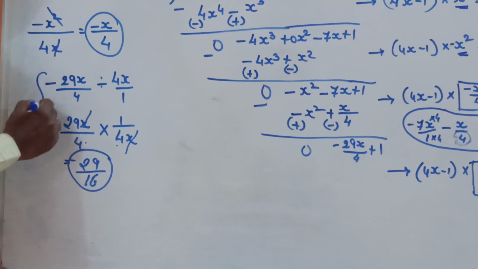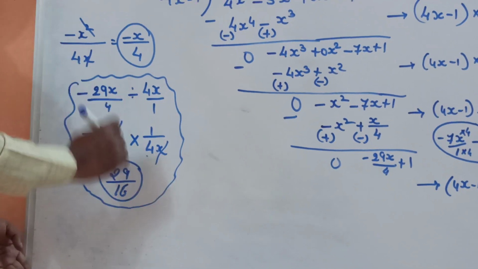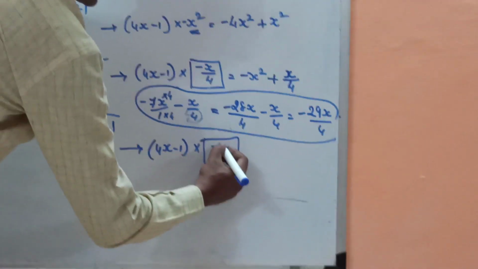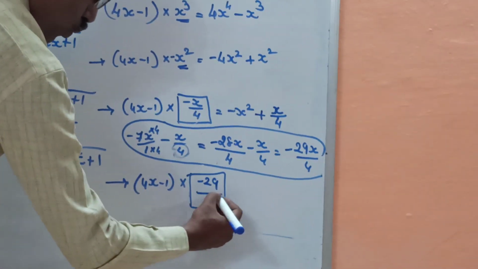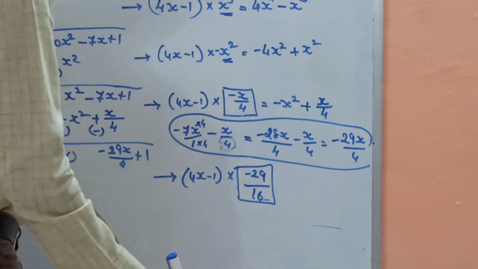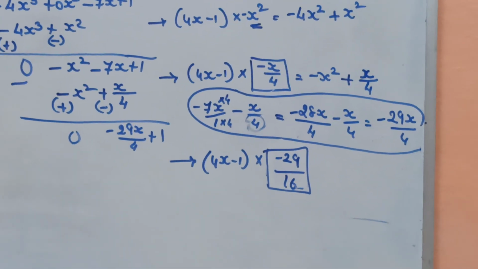I have told you this particular part. You have to be very careful about this part. Okay, so over here minus 29 upon 16. Now when you multiply this 4x into minus 29 upon 16, you should know the multiplication.